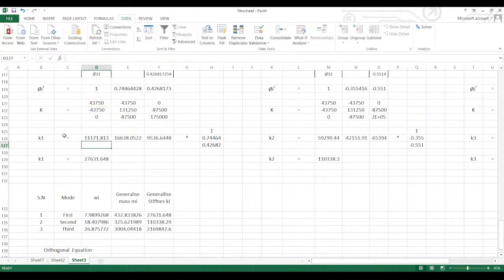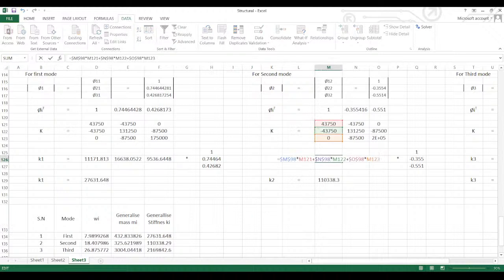We have got this value, and after that this value, this into this plus this into this we have got, and similarly we have calculated this one also. So the 98 we have to put 119.